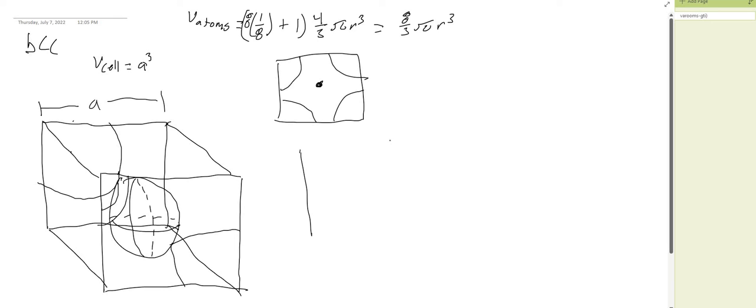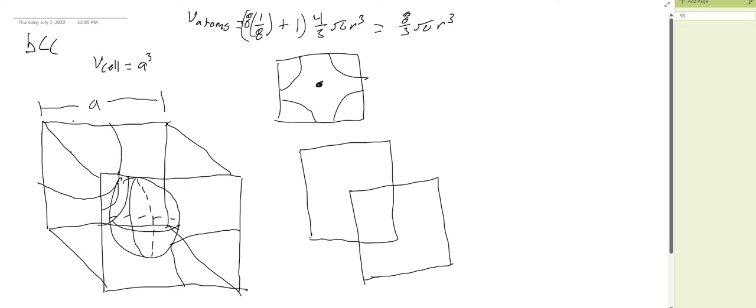They're touching along the main diagonal. So if we draw our cube, we're going to have the atoms touching from these main points down the main diagonal of the cube.